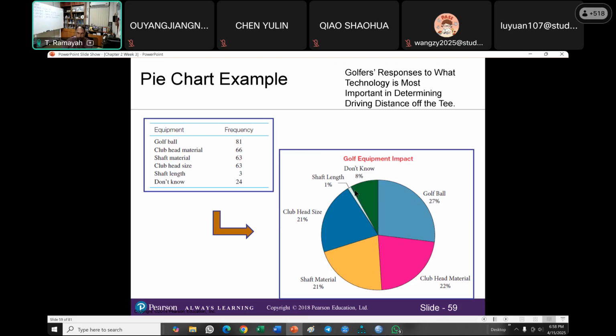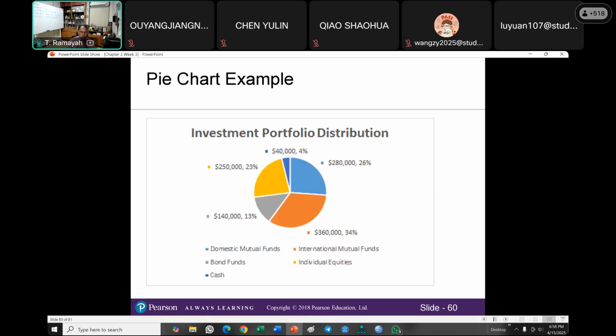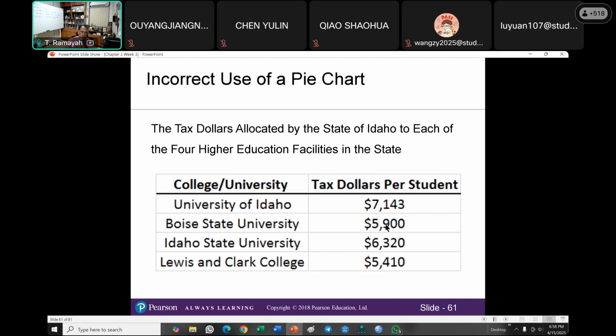So the slice is proportionate to the number, which we divide by the total number. Here we can see a different kind of investment portfolio distribution, and for this group, they have a very big return, 34%. This is how pie charts are shown.